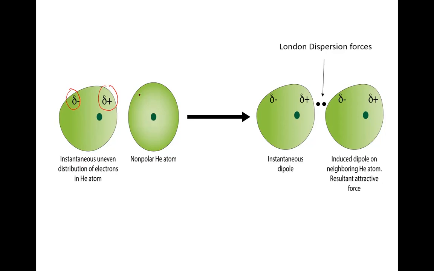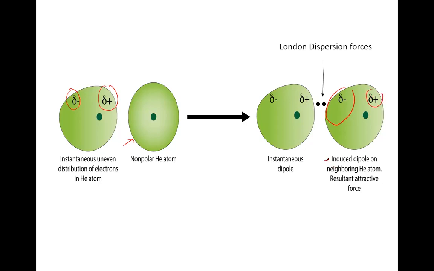So when one of the helium atoms has an instantaneous uneven distribution of electrons, it will affect this non-polar helium atom. So this is partially positive, so electrons are more likely to move to this side. So this side will become partially positive.